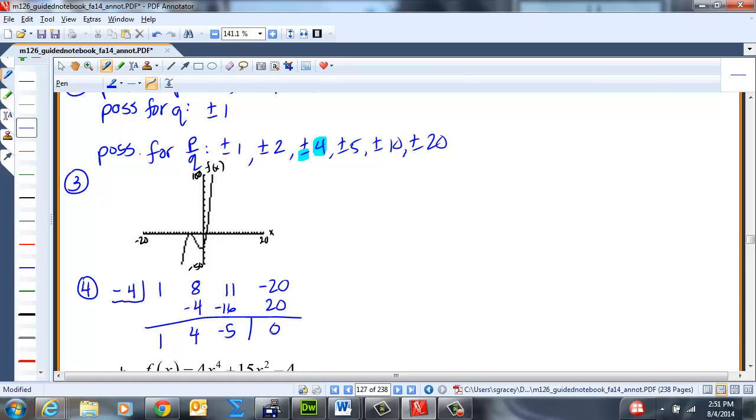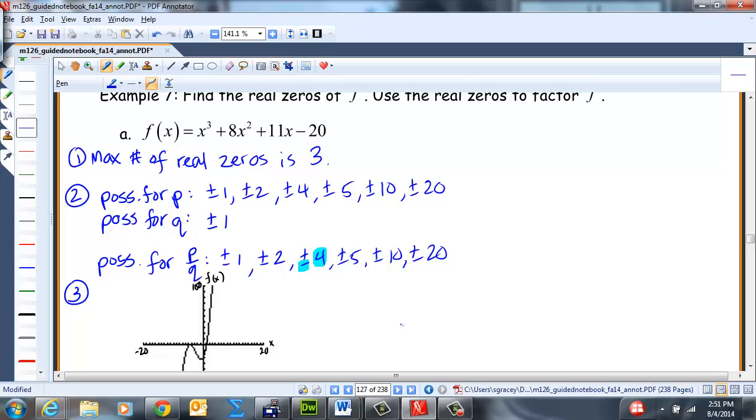And remember that this ends up giving us, we decrease it by 1. So we'll get 1x squared plus 4x minus 5 is what that translates to. So let's see if we can completely factor now.